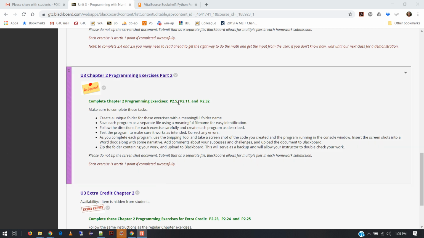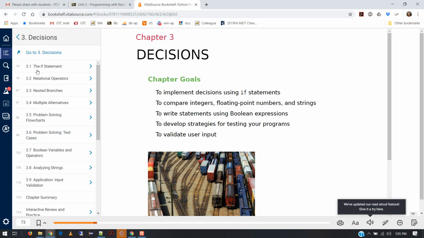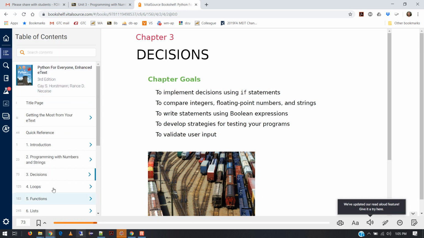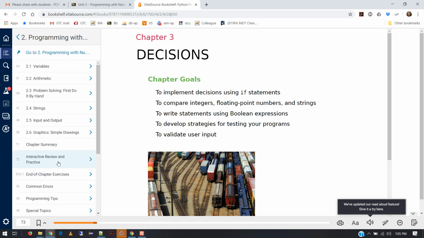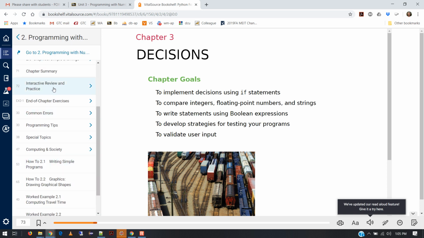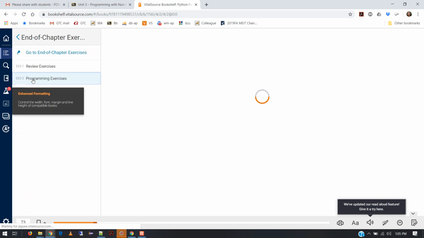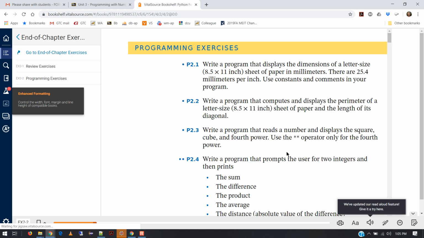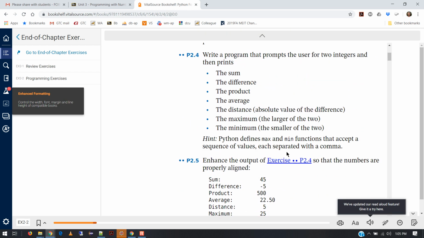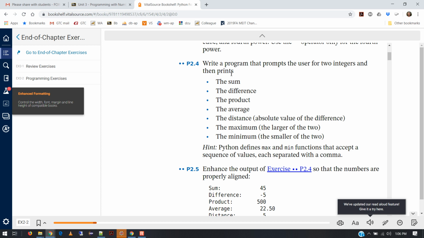All right, so the first one is exercise 2.5, and I'm going to navigate here in my ebook to that section. All right, so 2.5. Do you guys remember this one where we did 2.4?